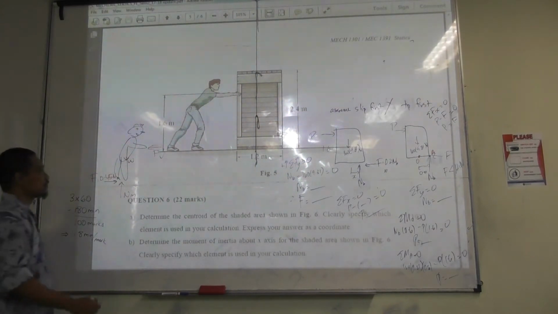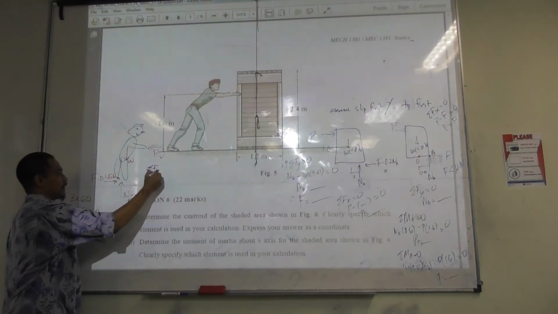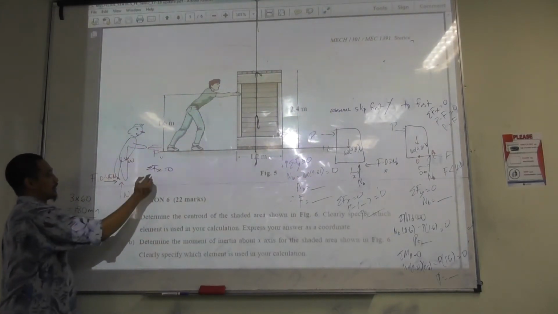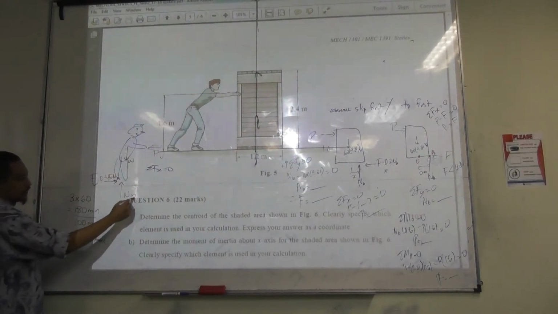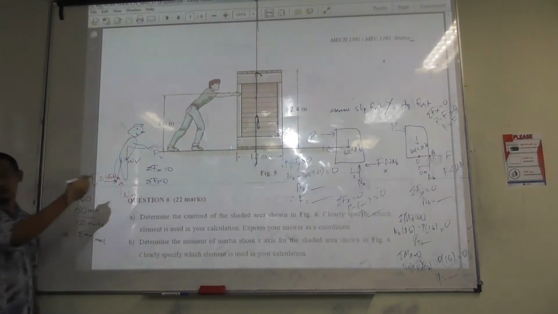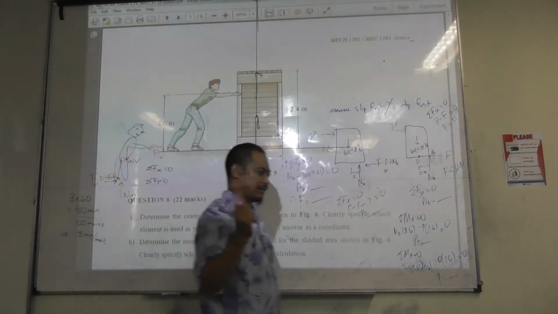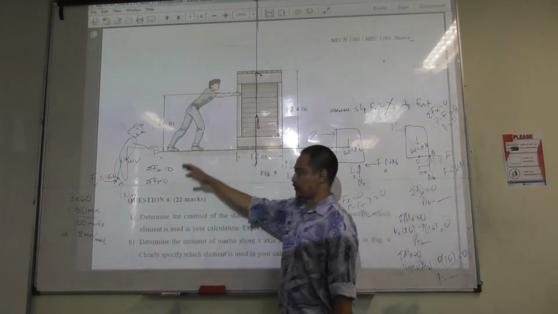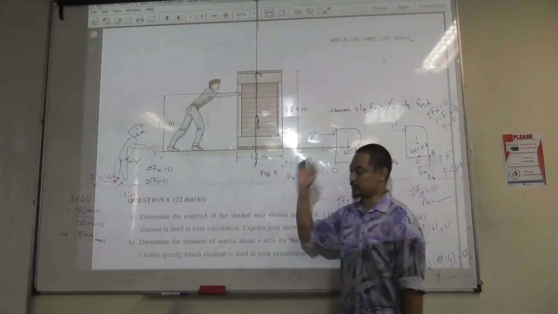What do you do? First, summation of Fx equal to 0, because P is already known, then you know N. Then do summation of Fy equal to 0, and you get the weight. So that's how you solve. If you have done enough exercises, this will be quite automatic, you know step by step what to do, and you can do it in 5 minutes, no problem.